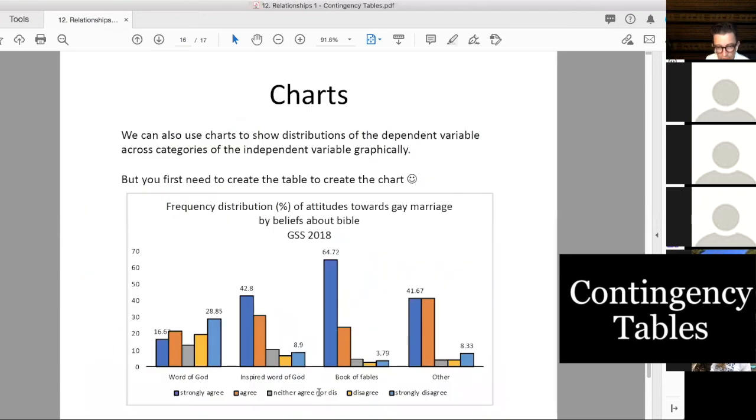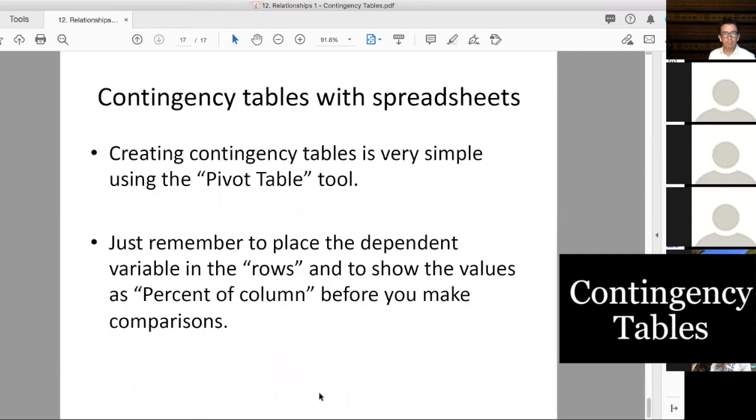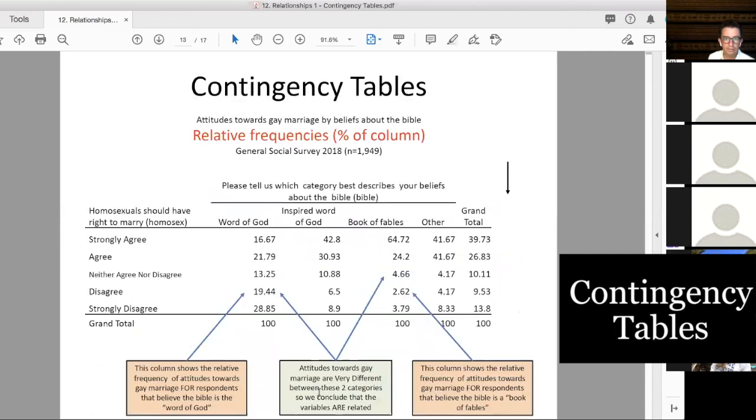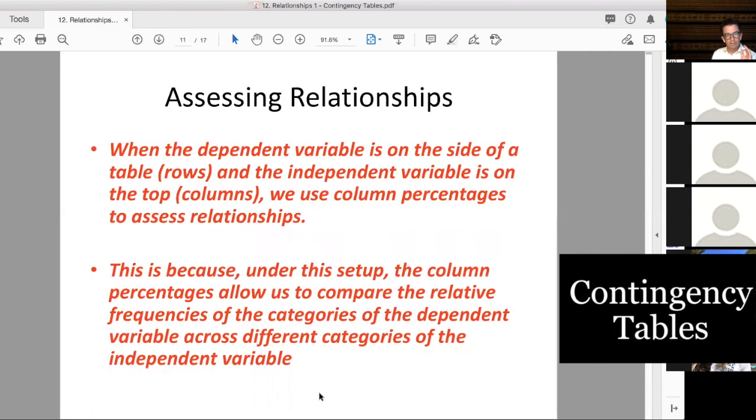You can also use charts for this. But again, it's easier to see in tables, and the charts have to start from a table. So remember, when we are trying to assess relationships between two categorical variables, we want the dependent variable to be placed on the rows and the independent variable to be placed in the columns.